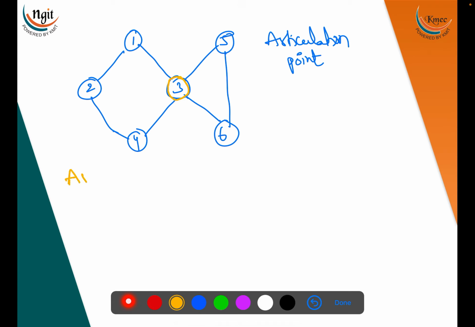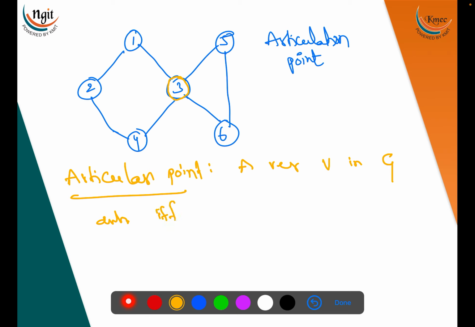Now, first of all, know what an articulation point is. Then you can know why a Hamiltonian cycle is not possible from that. Now, an articulation point is what? A vertex V in a connected graph G is an articulation point if and only if the deletion of the vertex V together with all edges incident to V disconnects the graph.